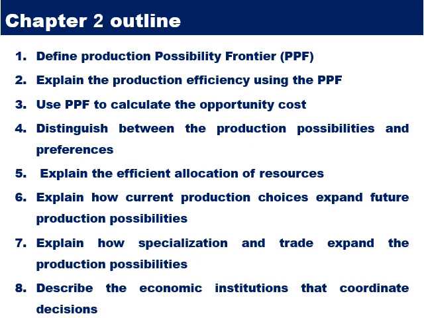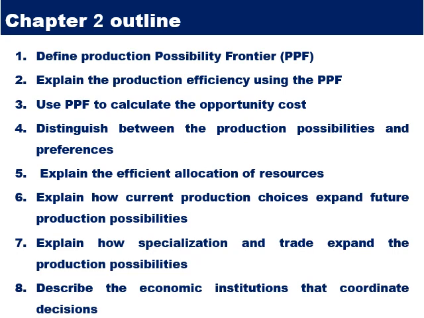So now let's start the lecture by outlining the main learning outcomes of Chapter 2. At the end of this chapter, you are expected to be able to define the production possibility frontier, which is shortly known as the PPF.